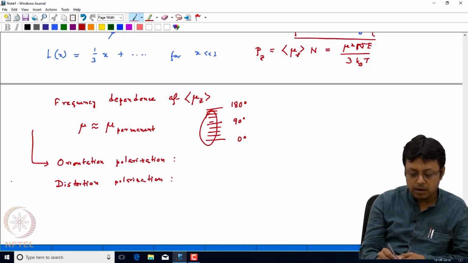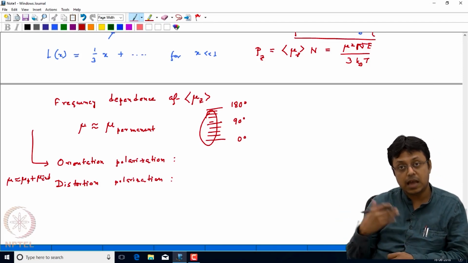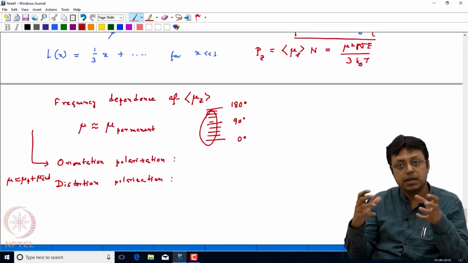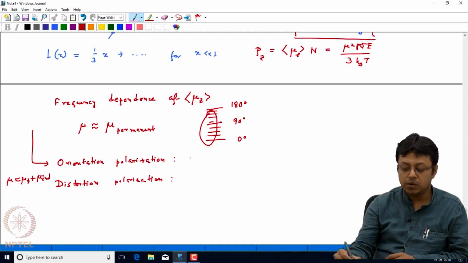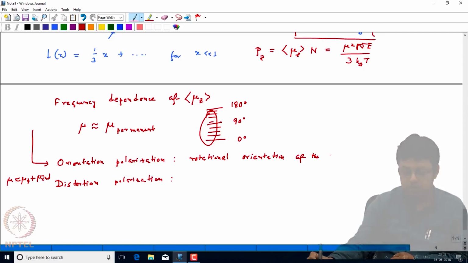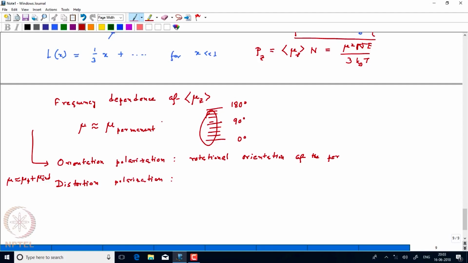And now from now onward I have mu equal to mu permanent plus mu induced, but the permanent part will vanish if I increase the frequency above the microwave region, and then I will have a distortion polarization where basically these nuclei are moving. So the orientation polarization is basically coming from the rotational orientation of the permanent as well as induced dipole moment.